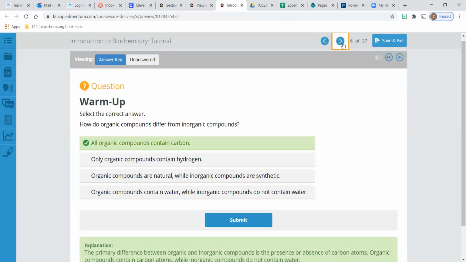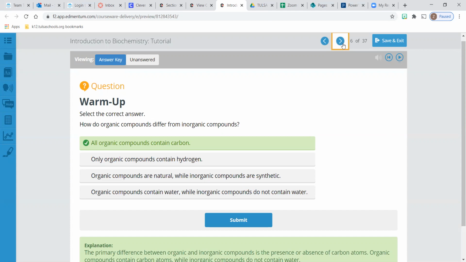How do organic compounds differ from inorganic compounds? So compounds involved with things that are alive versus inorganic compounds, things that are not alive per se. All organic compounds contain carbon. Anytime you've heard in movies or television programs "carbon-based life," life as we know it is based around carbon.